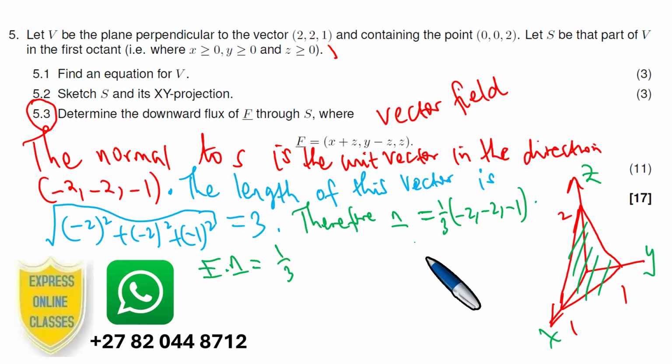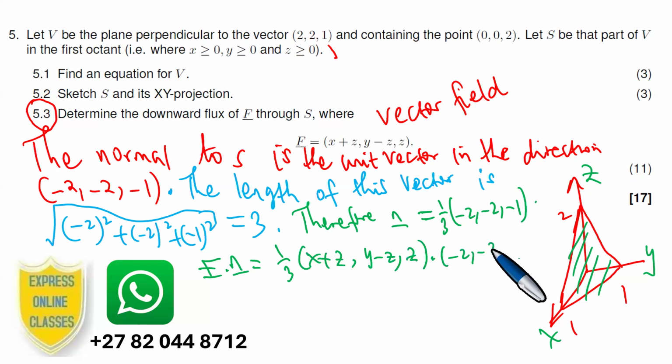And now you can take out the 1/3 as a common factor, and then dot the vector field, which is x plus z, together with y minus z, and also with z. You dot it with this one, minus 2, minus 2, minus 1. So you have 1/3.